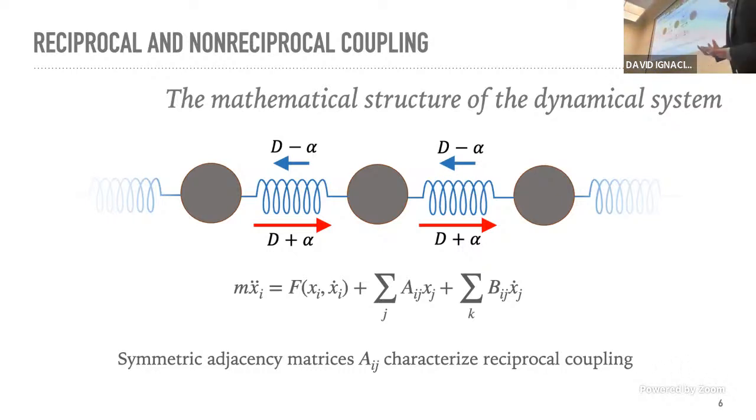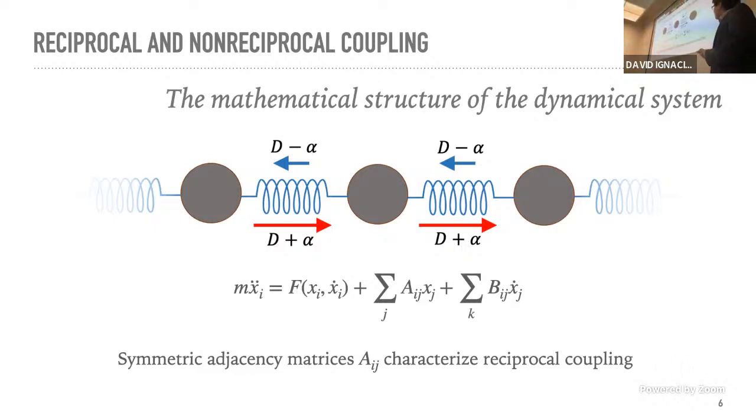In particular, if one describes the dynamical system, if one writes the equation of motion based on Newton's equation, for example, one has the acceleration, then a force, and then there is this important term that says how one mass is coupled with the other. In this example, the coupling is linear, but you can also have nonlinear terms.